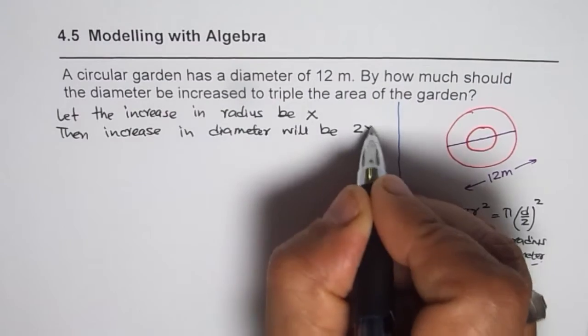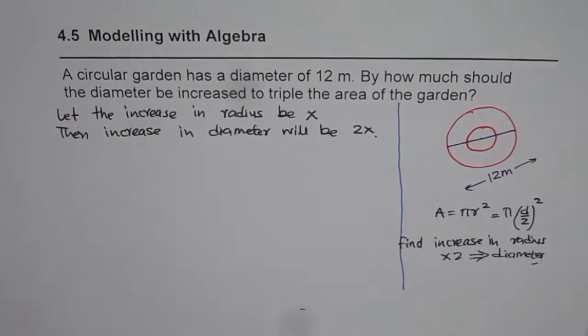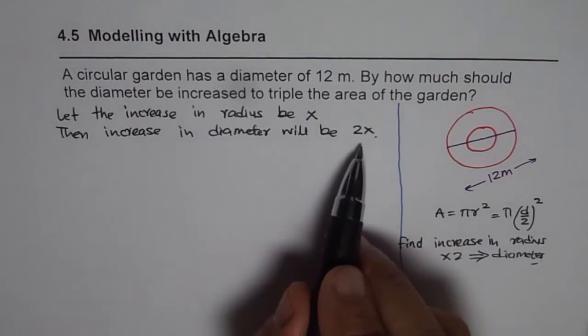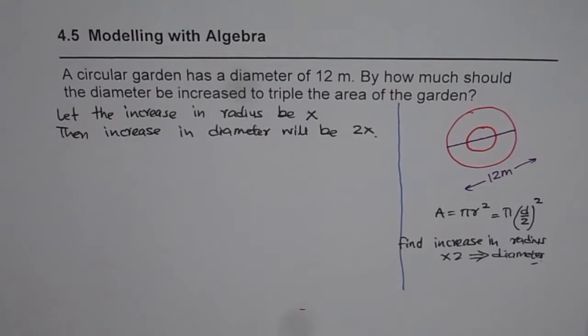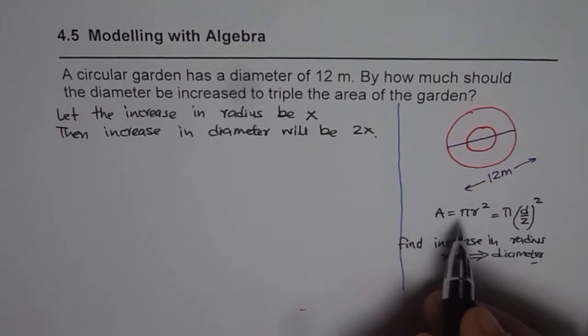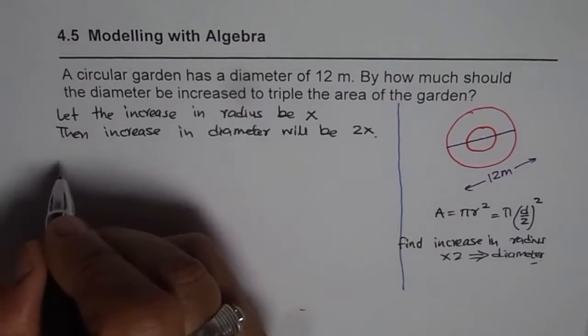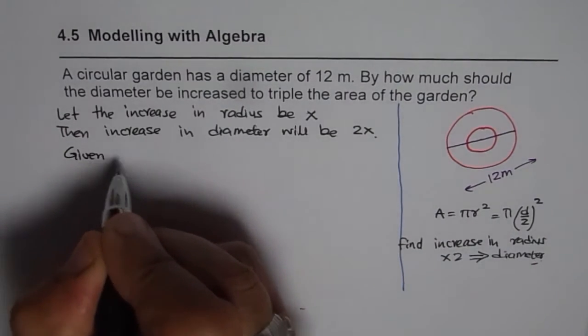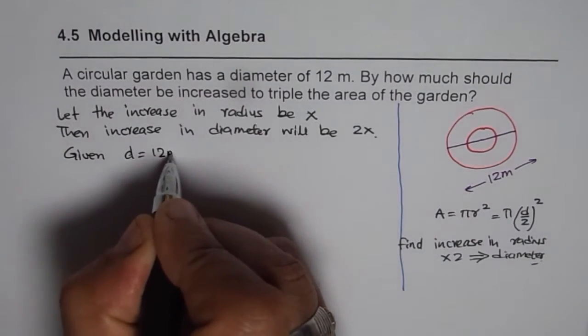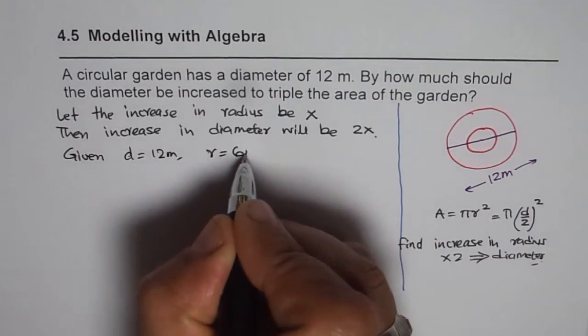Will be 2x. Let's write it down so that we remember at the end we have to find the increase in diameter, not just the radius, correct? Now area is pi r square, so what are we given? We are given a diameter of 12 meters, that is a radius of 6 meters, half of diameter.